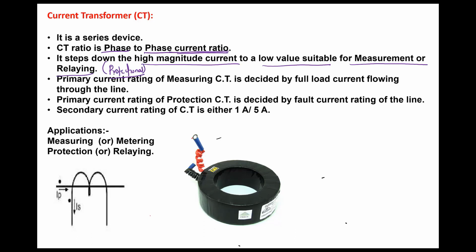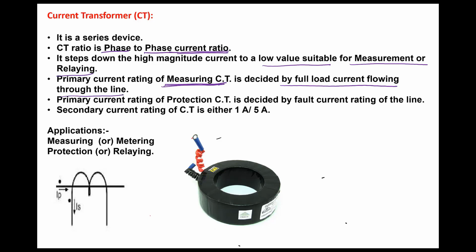The primary current rating of the measuring CT. There are two types of CTs. One is measuring CT. The other one is protection CT. So basically, the primary current rating of a measuring CT is decided on the full load current flowing through that line.